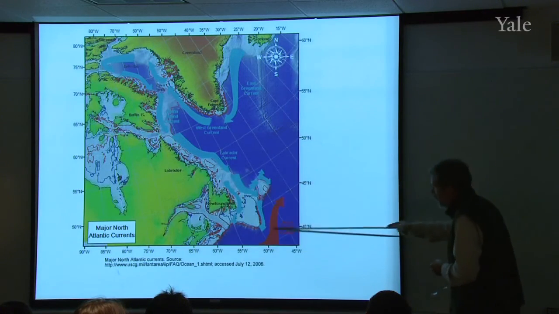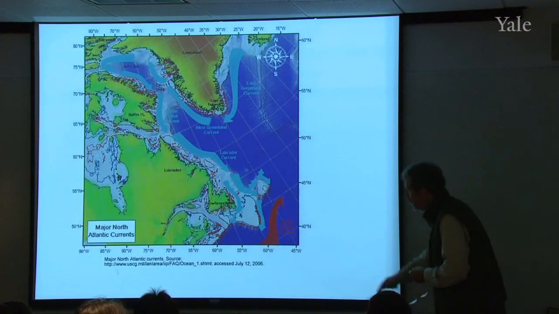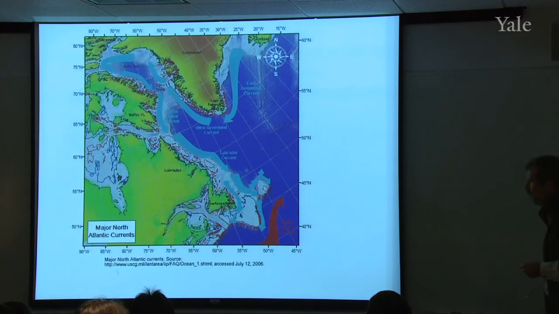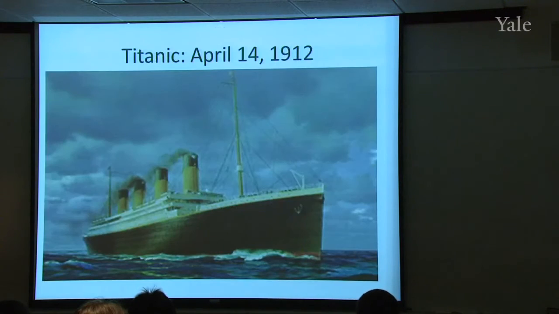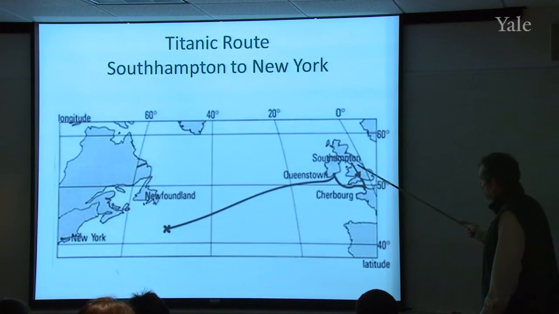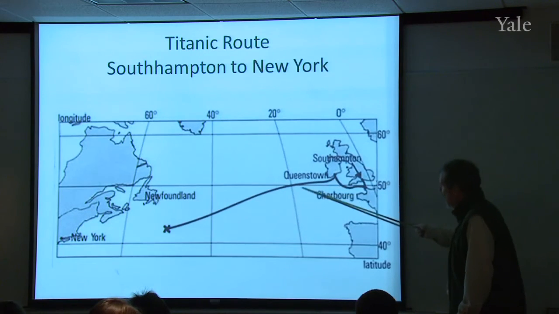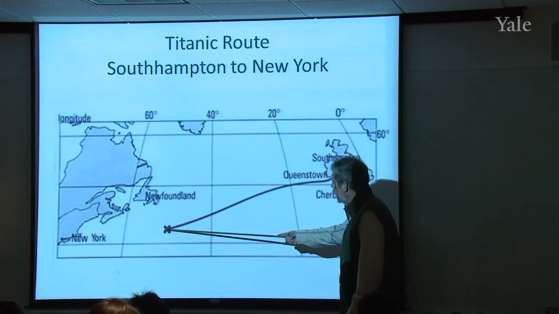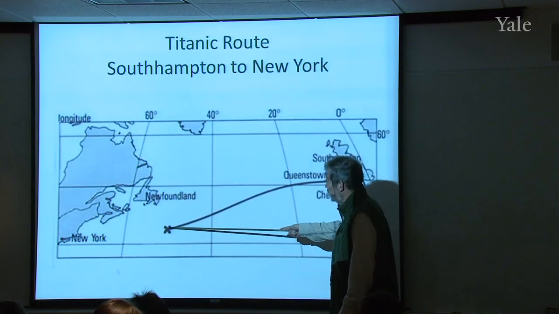And at that point now it becomes into the Great Circle route for ships between, say, New York and England. And that's what the Titanic was doing in April of 1912. It started in Southampton, England, and it was making its way to New York, and that's where it hit the iceberg and sank.